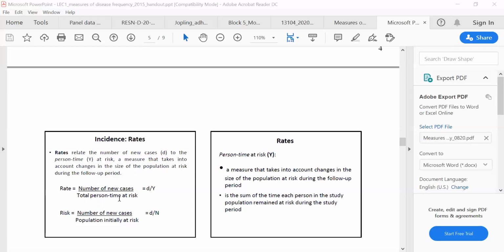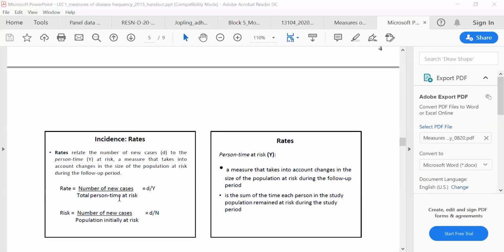During the period in which we are measuring our incidence, we take into account the difference in the follow-up time of the population. So our numerator is the number of new cases, but our denominator is the total person-time. What is this total person-time? It is the follow-up time for each individual.